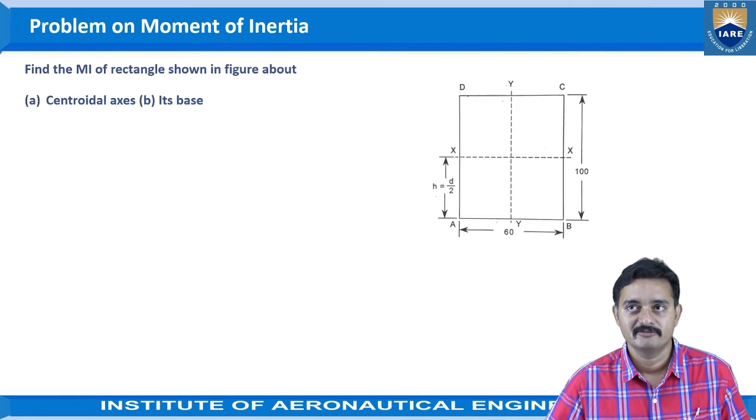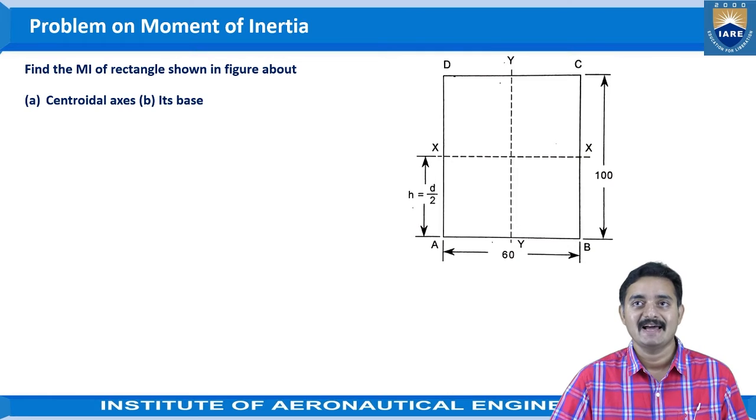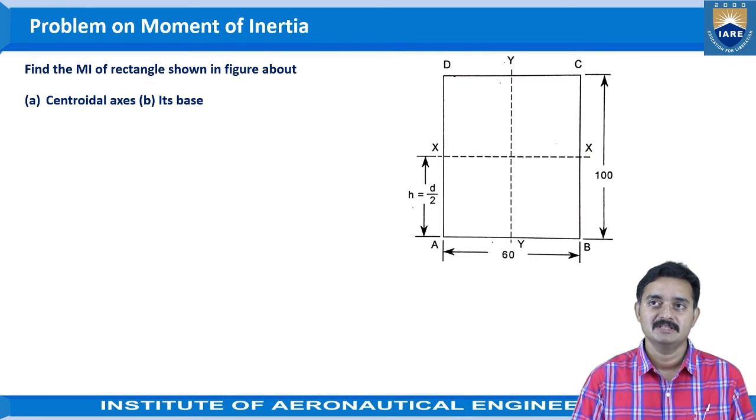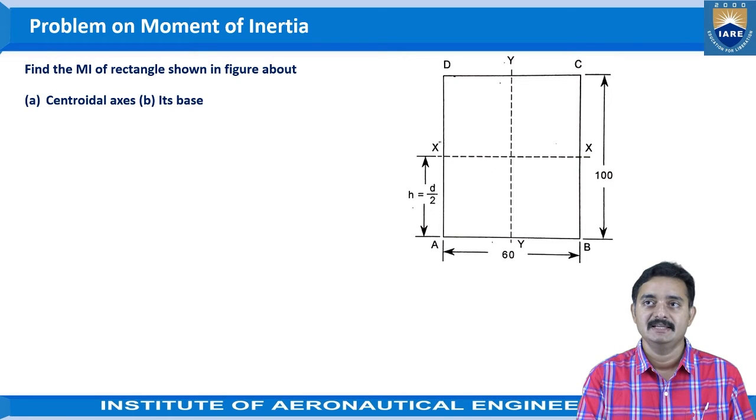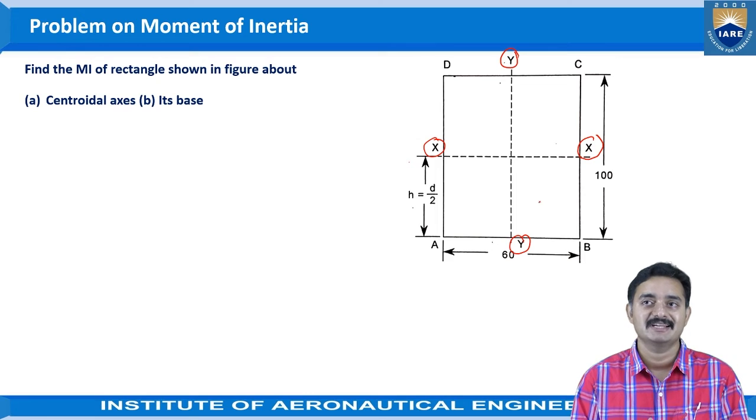So this would be our first problem. The problem given is: find the moment of inertia of a rectangle shown in the figure about the centroidal axis and its base axis. In this figure, you can see there are three axes represented. One is the x-x axis, which is passing through the centroid of the object, and the y-y axis that is passing through the centroid of the object, which is the vertical axis.